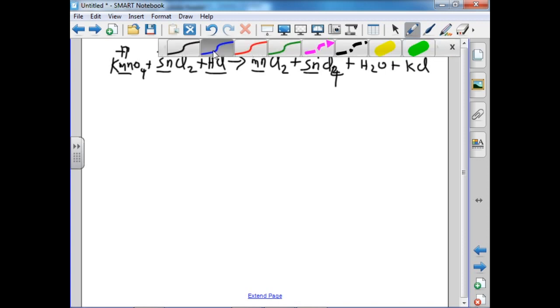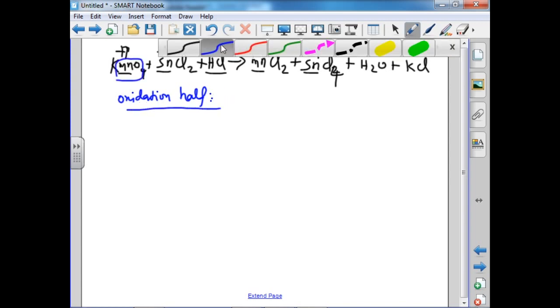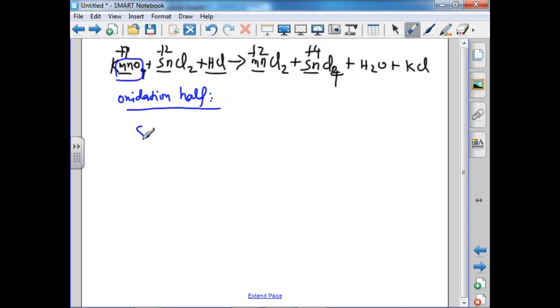Next, we are going to write the two half reactions: one is the oxidation half, and the other is the reduction half. First, the oxidation half: Sn2+ is oxidized to Sn4+, loss of 2 electrons.